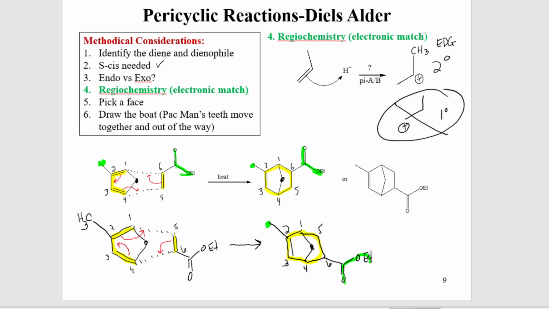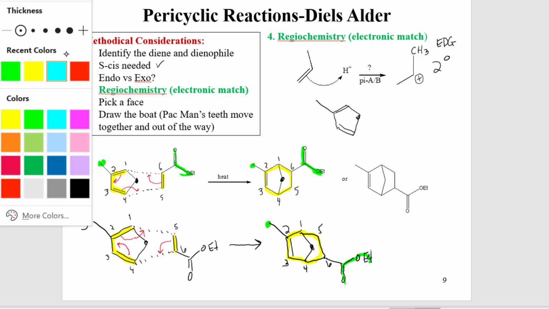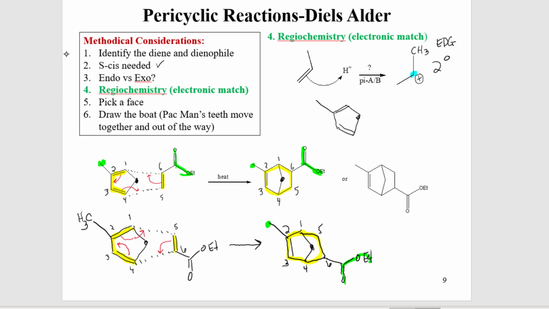So if that's the case, I'm going to redraw it up here. You are moving electrons, right? If you're going to move electrons, why don't you move them so that, I'll say the best carbocation position is going to be this one, the tertiary one. So I want to move electrons such that that is the carbon that would generate a partial positive.